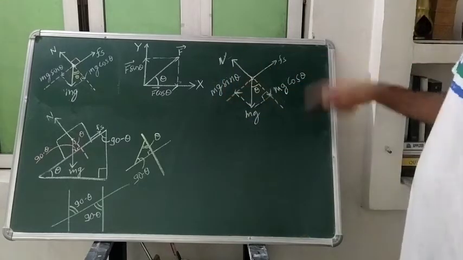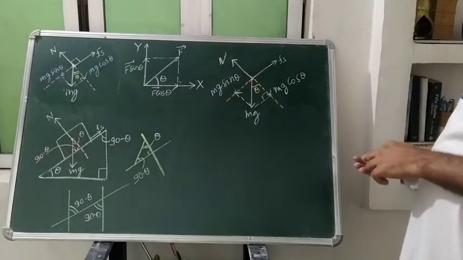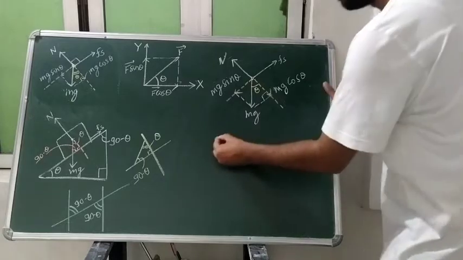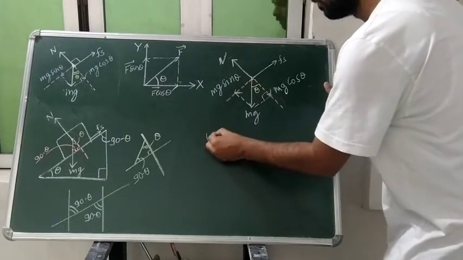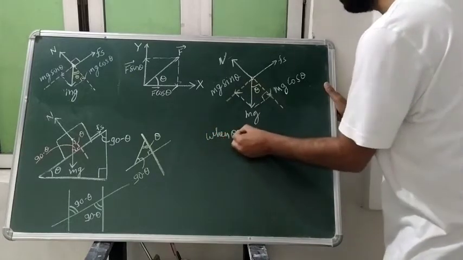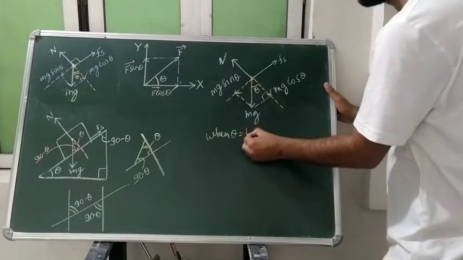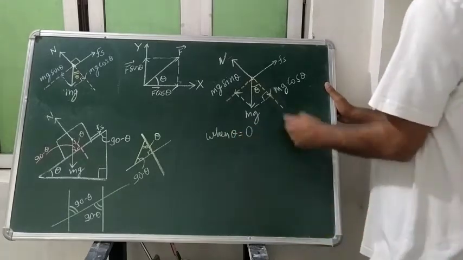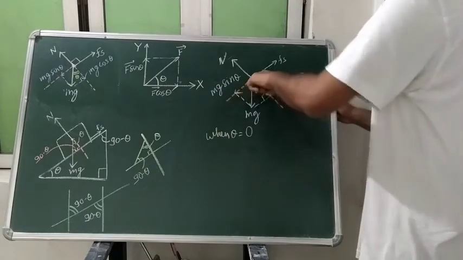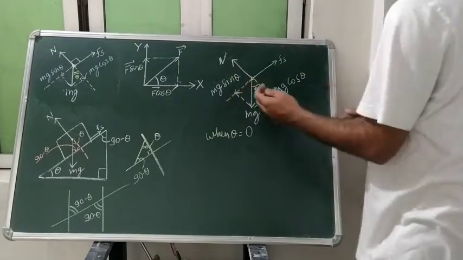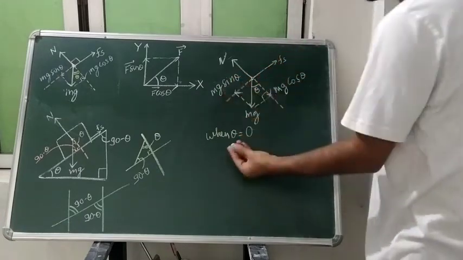Whether our guess is correct or not, we can check by saying that theta is equal to 0. When we make this theta 0, what will come?